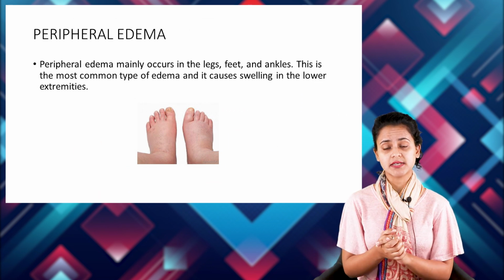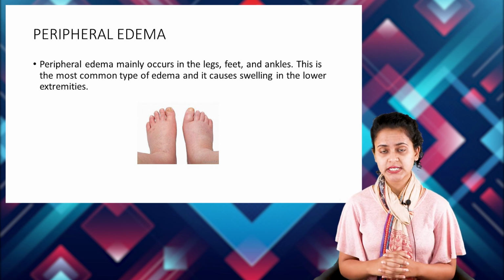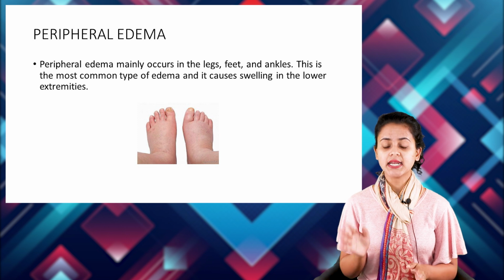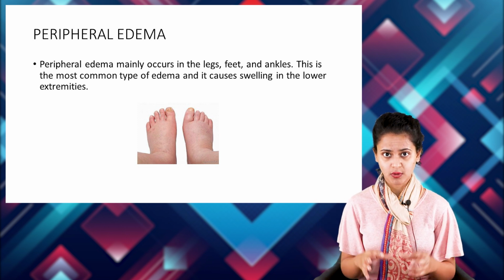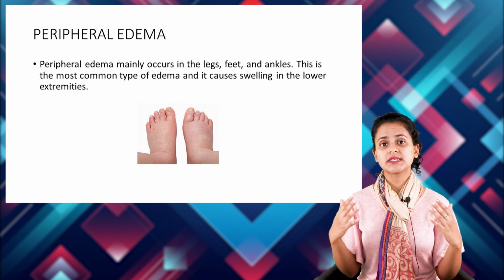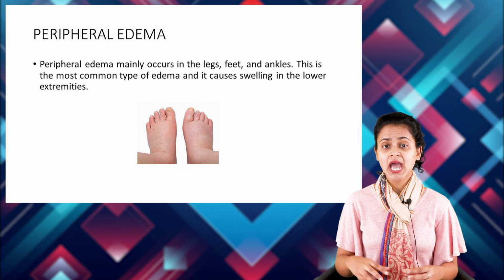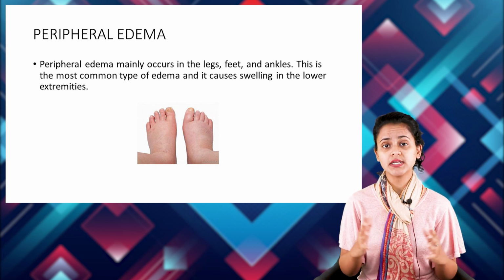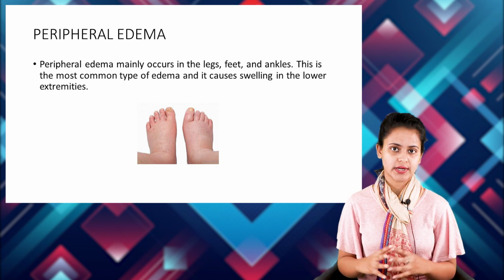Peripheral edema often includes parts of the lower extremities, feet and upper extremities. Even the ankles are involved. This is the most common type of edema present among patients, and in the majority of cases peripheral edema is present in the lower extremity.